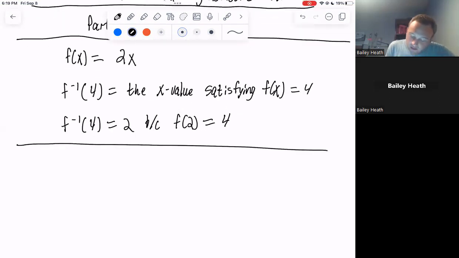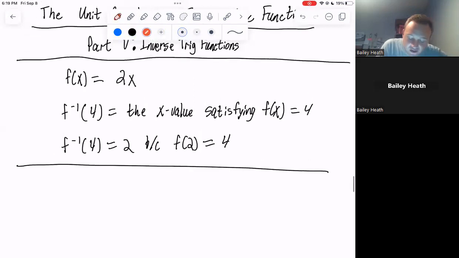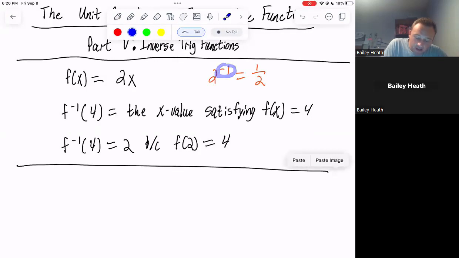Let's look at one thing to note, and this might make you upset, but don't shoot the messenger. You might recall seeing the same notation with this -1 as an exponent. You might have seen something like this: 2 to the minus first is 1 over 2. We're using this -1 as an exponent here and here. Whenever you see a function, that's the key difference.